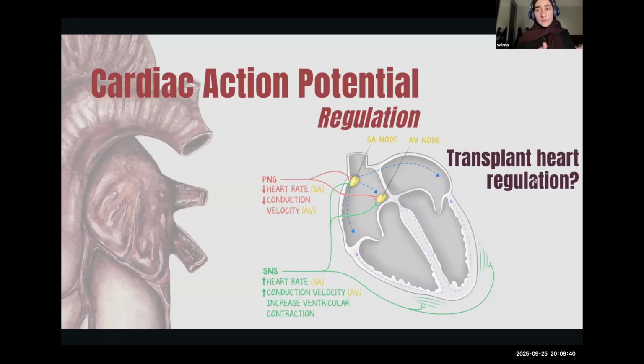I'll go exactly into how it makes them faster. But the point I need you guys to know really clearly right now is that the SA node or the AV node, the pacemakers, do not need an external stimulus. However, they can be controlled or regulated by an external stimulus, such as your sympathetic or your parasympathetic nervous system. Okay?